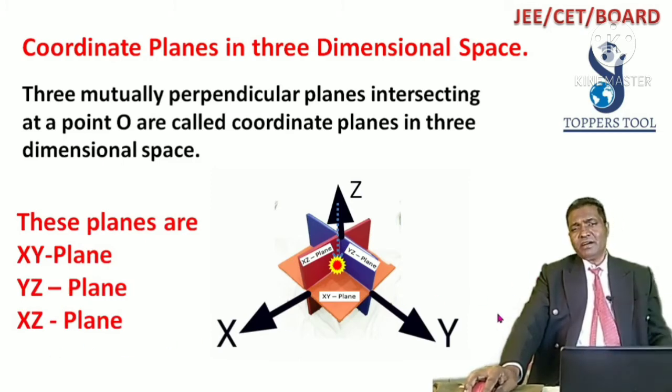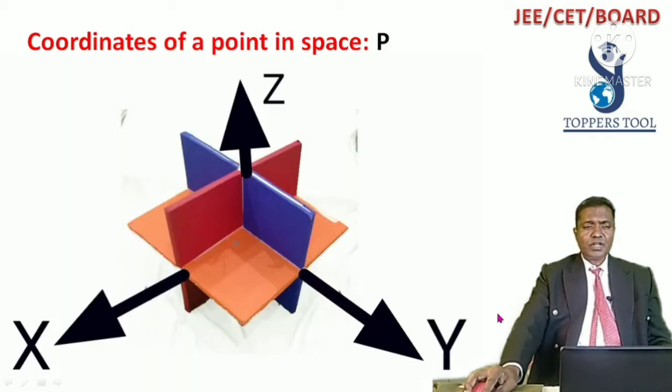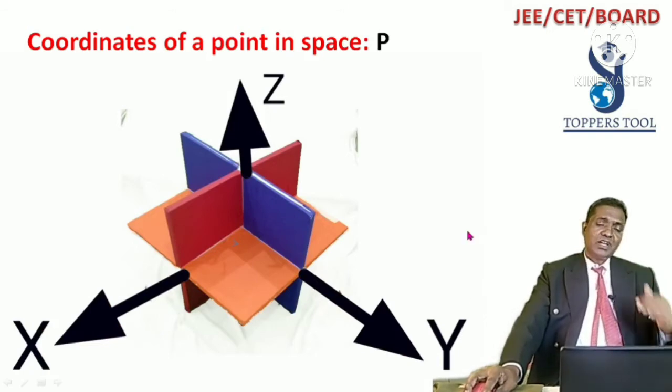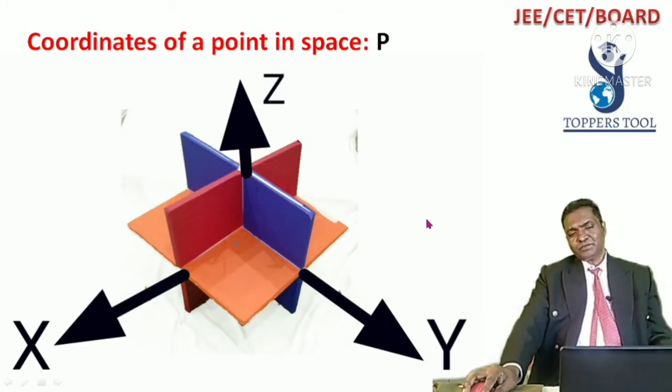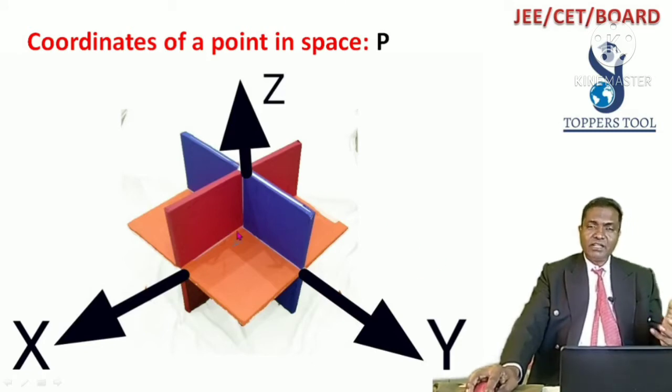So remember this thing. Now we have to represent the position of a point in space. So how to represent coordinates of a point in space? Let's understand. Here is one three-dimensional space.